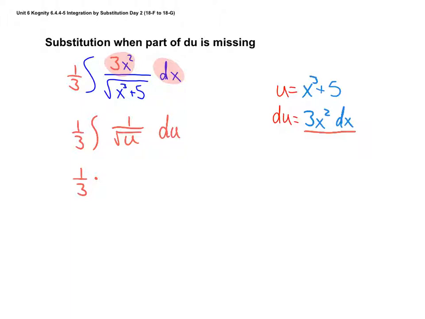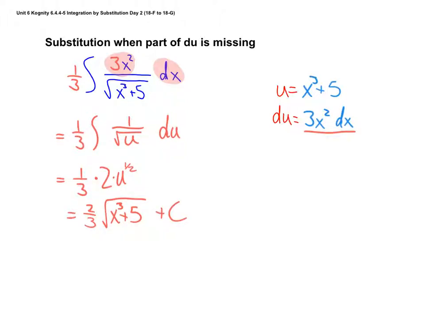But we have u to the negative 1/2 power, so that's u to the positive 1/2 times 2, because it's divided by a half. And now I can go ahead and substitute back in the x cubed plus 5, and that's going to be 2/3 square root of x cubed plus 5, and then throw on your plus c.